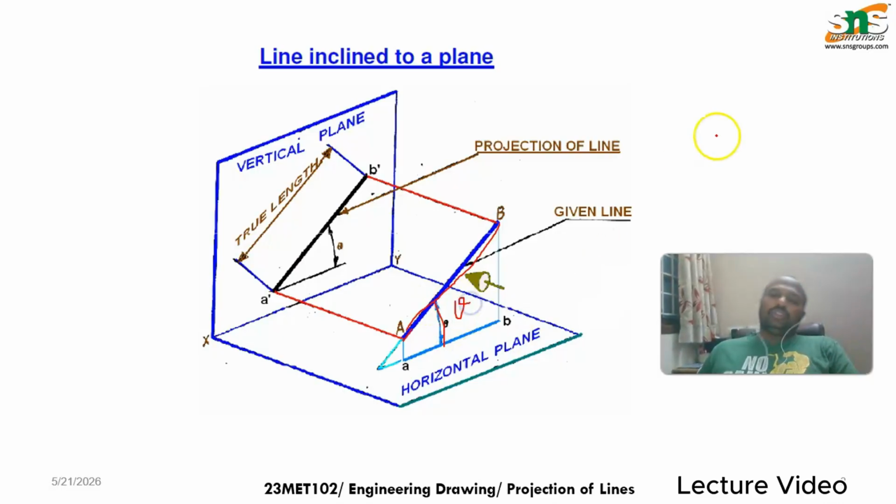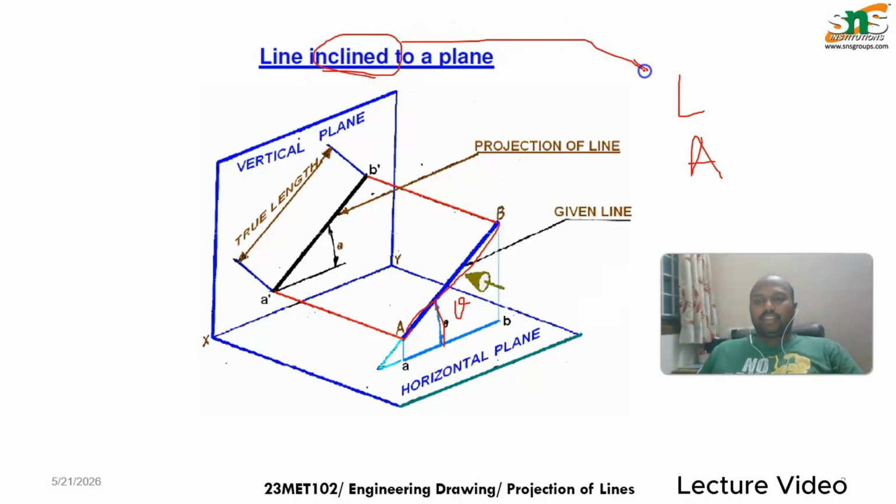So two things are needed to have an inclined line: one is the length, another one is the angle. Sometimes if the angle is not given, you can also have the distance between the reference line and the start point, and the reference plane and the end point. This distance can also be taken into consideration in order to draw an inclined line.